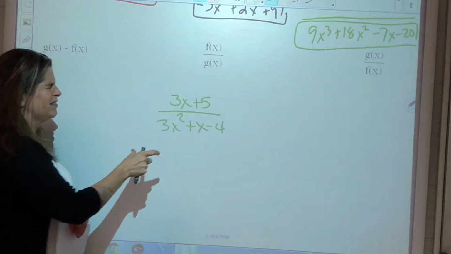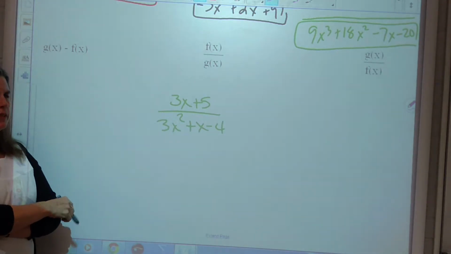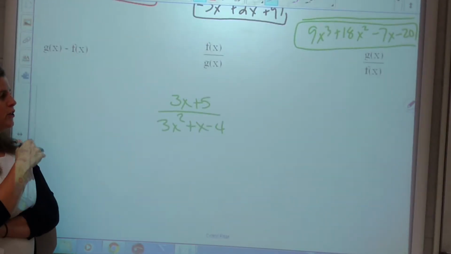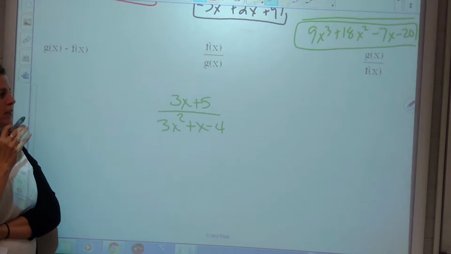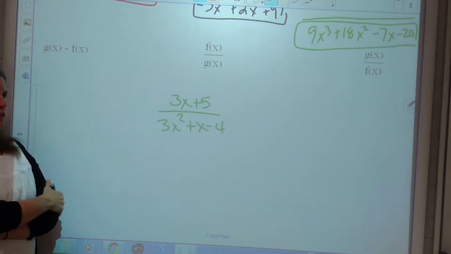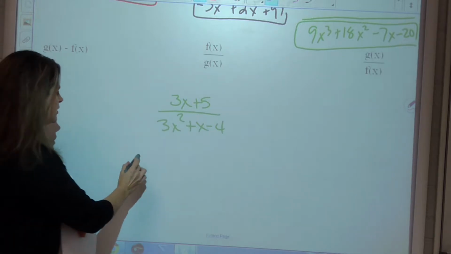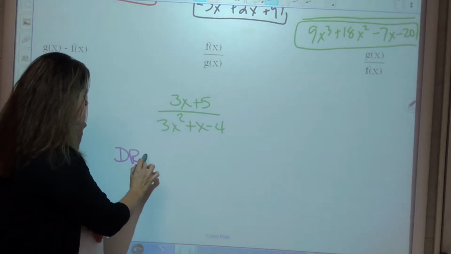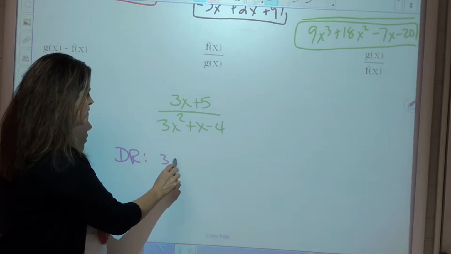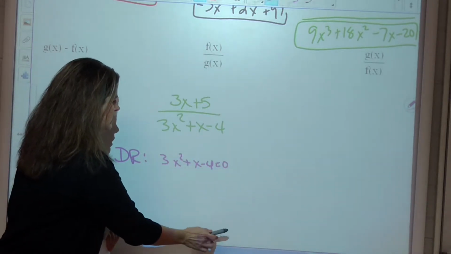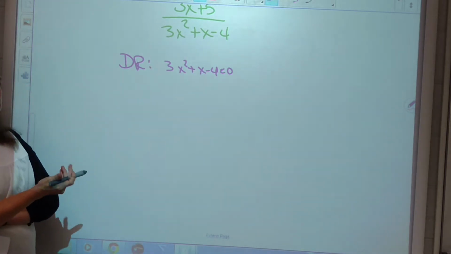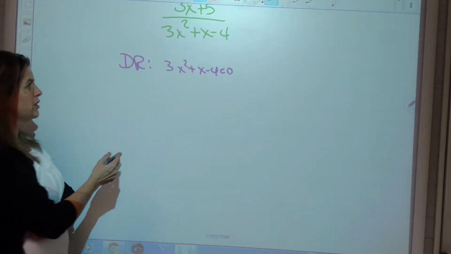Anytime there's a variable in the denominator, then you've got to tell what that variable can't equal, because there are going to be values of the variable that would cause the bottom to be 0. So my domain restrictions are going to be where 3x squared plus x minus 4 equals 0. This is just finding the solutions to this quadratic equation.